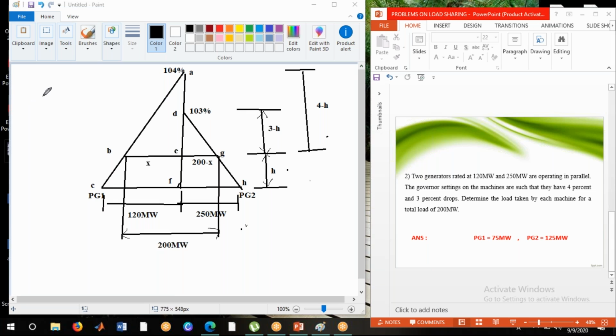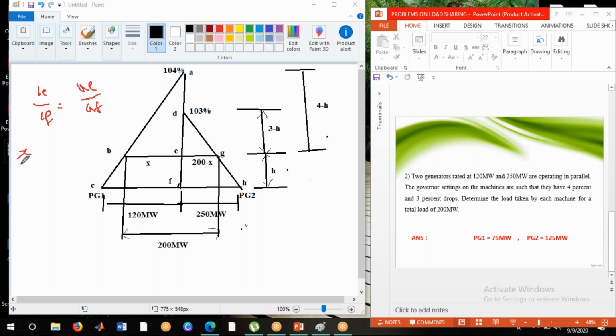Now let me see the first triangle on this side. BE divided by CF equals AE divided by AF. What is the value of BE here?